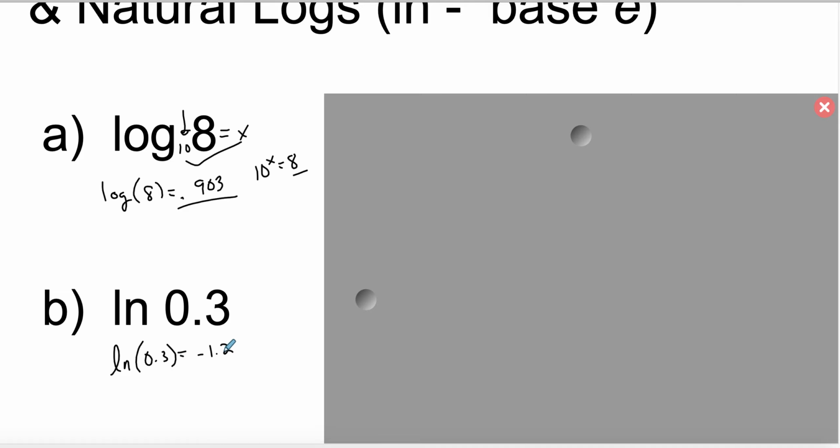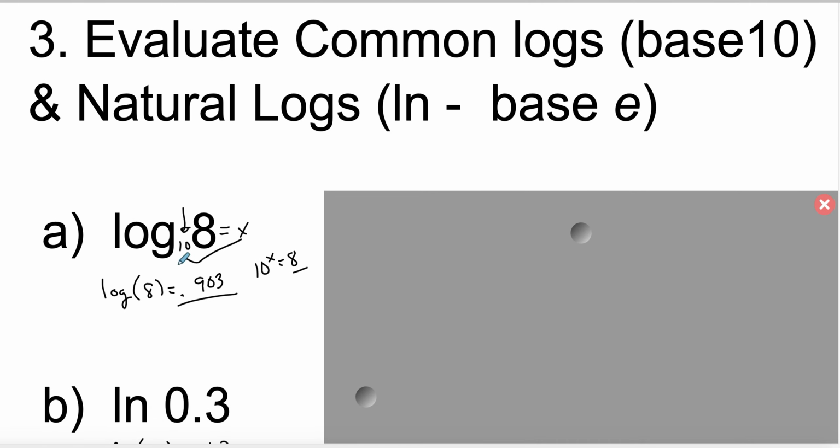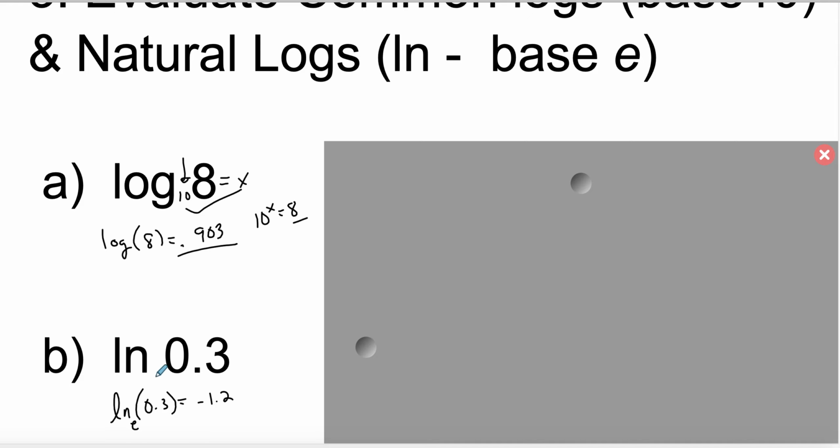And there's a bunch of other decimals that go along with that. But natural log is what's called base e. This is Euler's number, and we'll be working through that in the next couple of lessons. Okay, so just using logs and natural logs in your calculator. This is the big one, but actually this one is used quite a bit for exponential growth and decay. But this one is used more for solving equations and such.